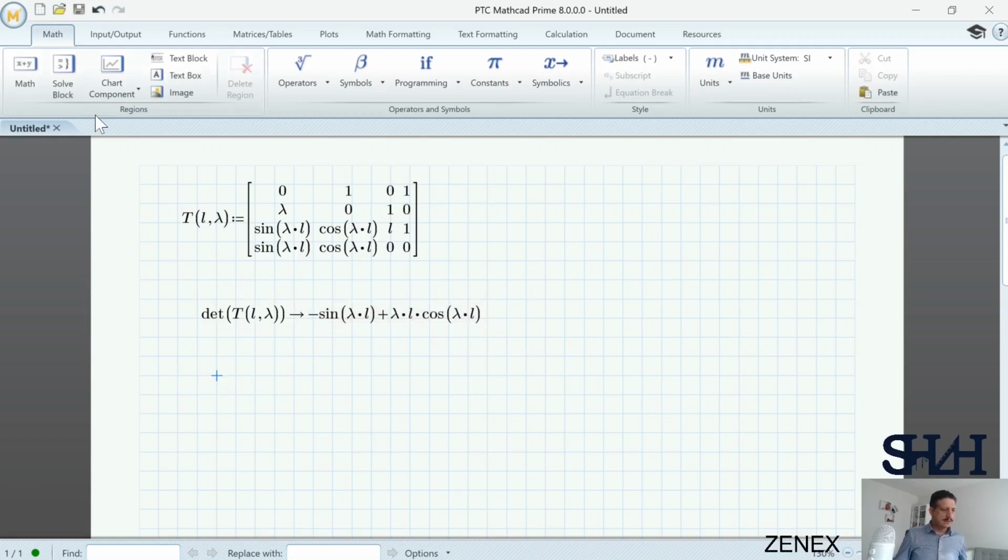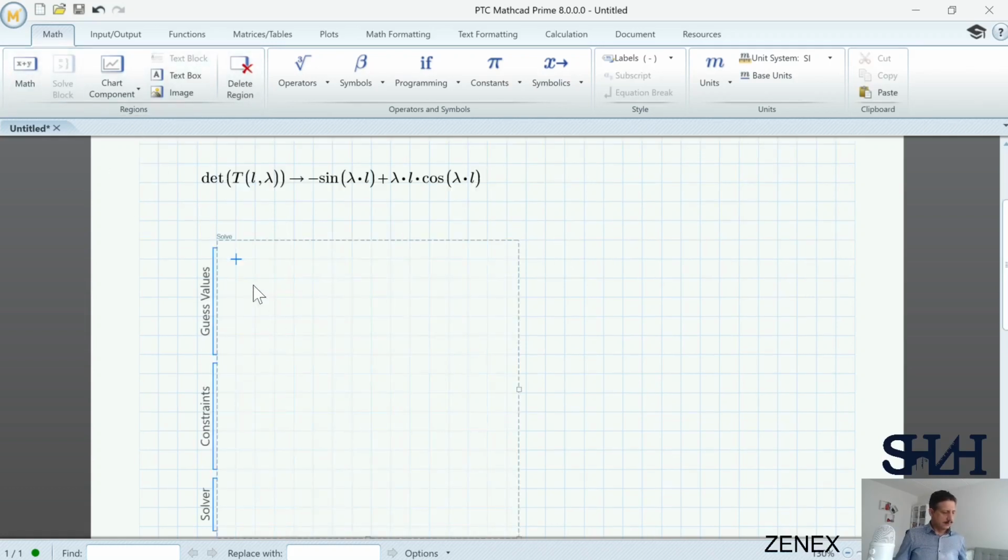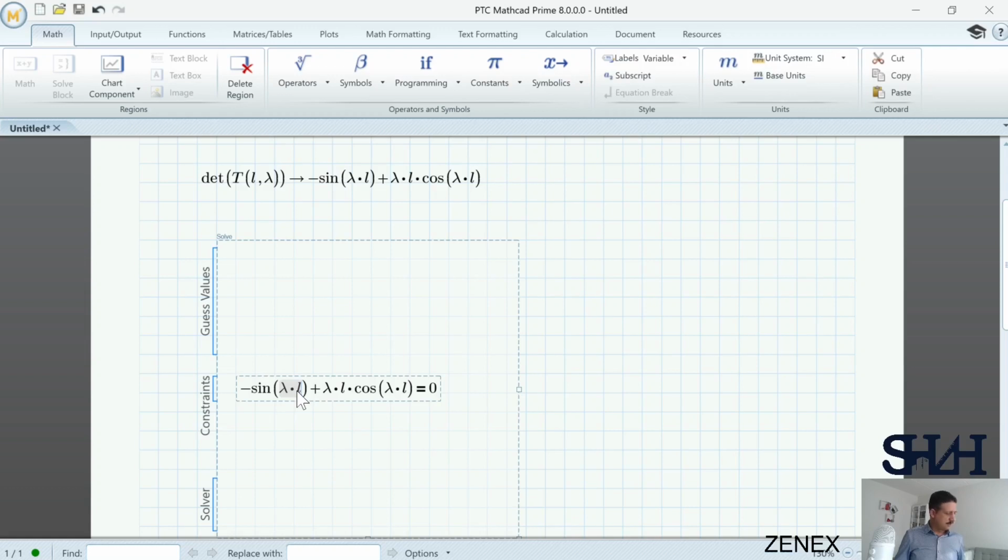You can use the solver block, put it in constraint, equals to 0. And so let's assume lambda L is x. And the x value for the guess can be whatever, 2.